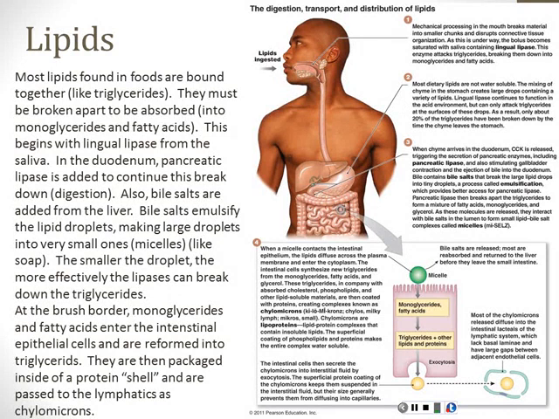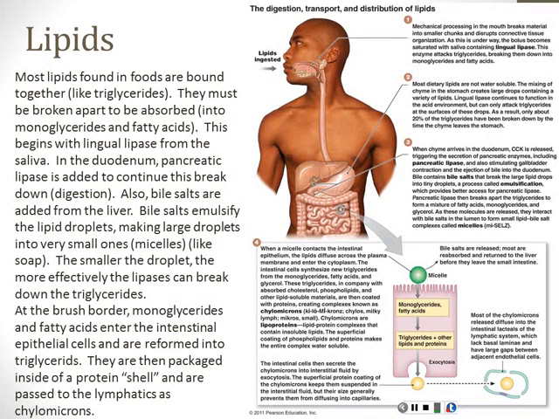The stomach mixes everything up, but because oil and water don't mix, what we end up with in the stomach are relatively large droplets of lipid, which creates a problem for fat digestion because of a surface area issue. All right.